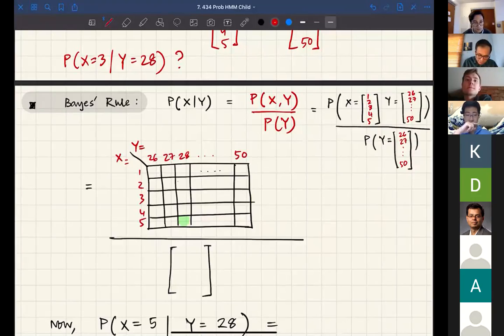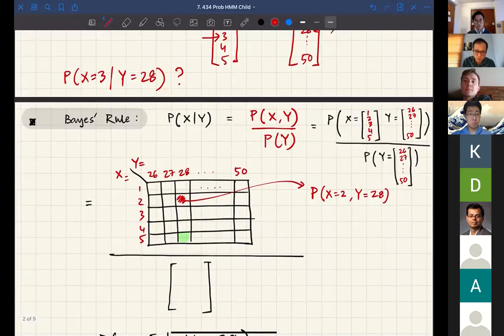And a given element says what is the probability that X equals 2, this row, and Y equals 28. Without that information, I cannot say what P of X given Y is. I need this joint probability matrix.